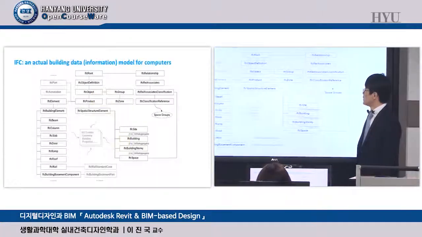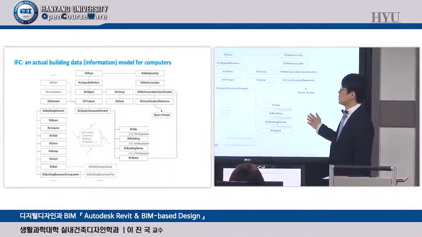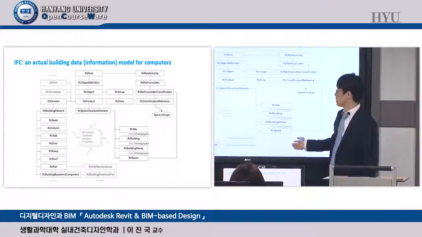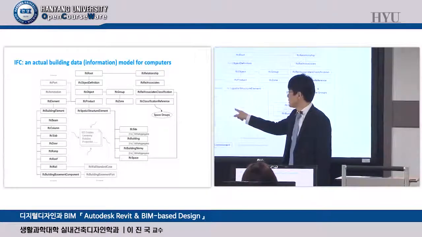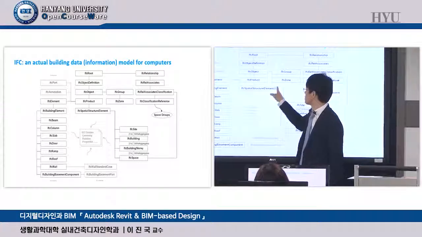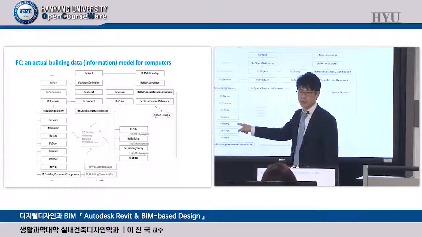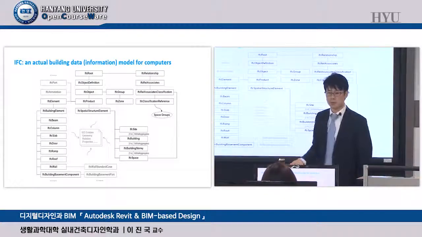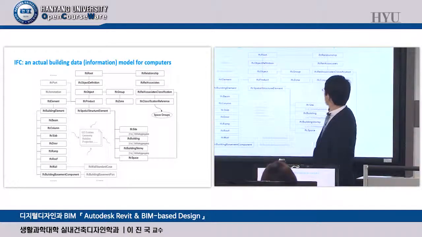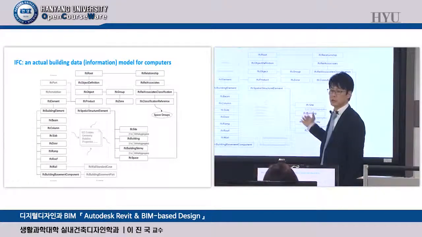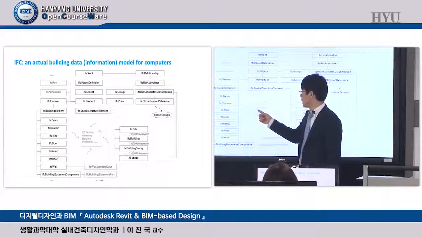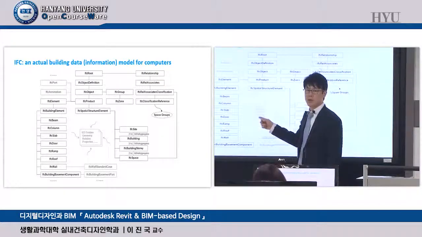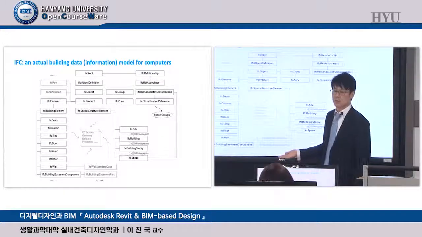So that's why I showed you this one before. This is the data structure of IFC. Total 653 entities. An entity means one single rectangle box here. Those are just my example, just 20 entities listed. How about 610 more boxes, entities?